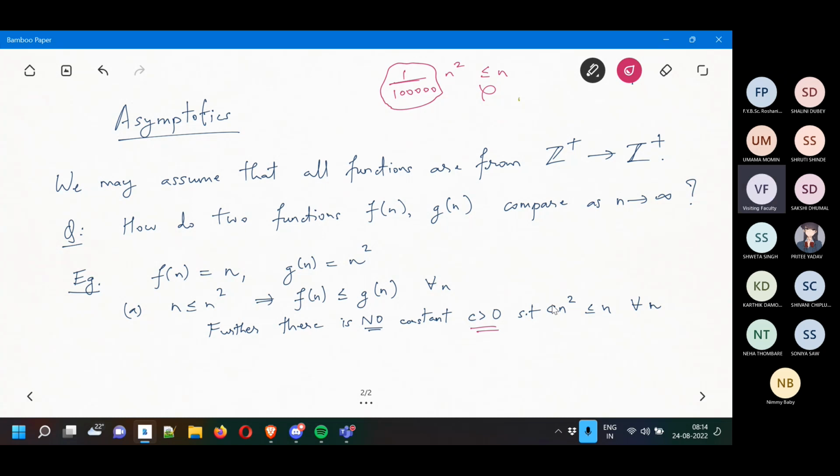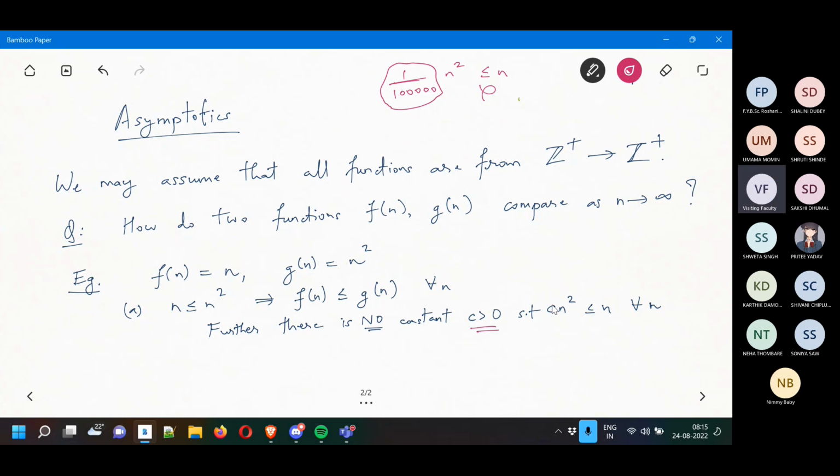So when we want to measure growth of a function, we will allow multiplication by suitable constants for that function. We'll ignore them, right? And while bounding one function by the other, we will allow multiplication by suitable constants. That is fine. It will not change the rate of growth of those two functions. Therefore, we can multiply.